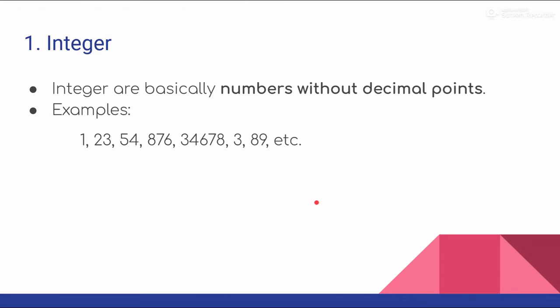First of all, integers. Integers are basically numbers without decimal points. For example, 1, 23, 54, and so on and so forth.